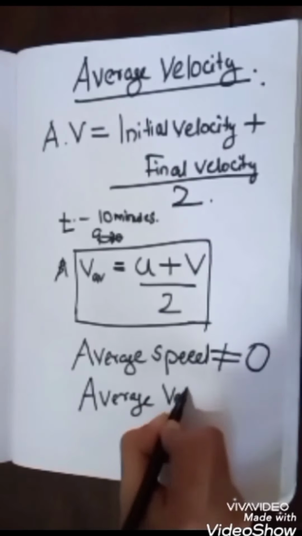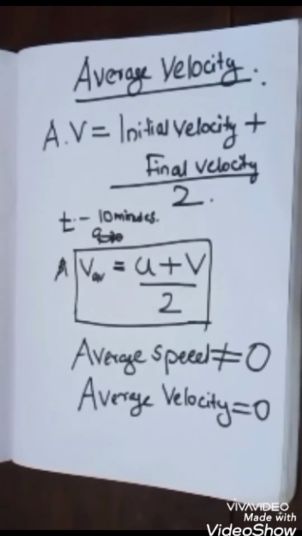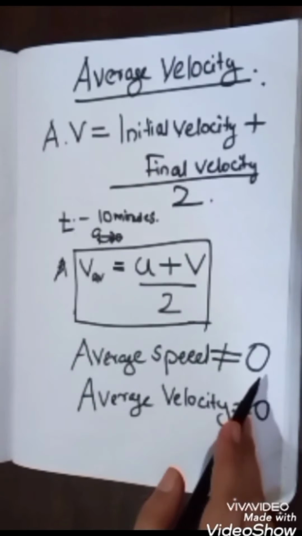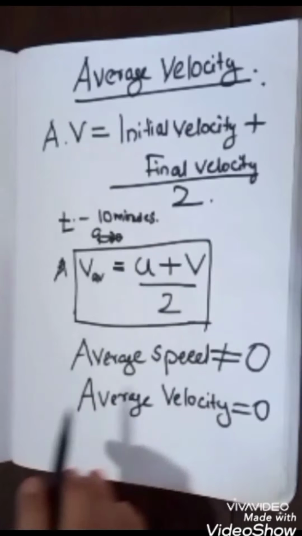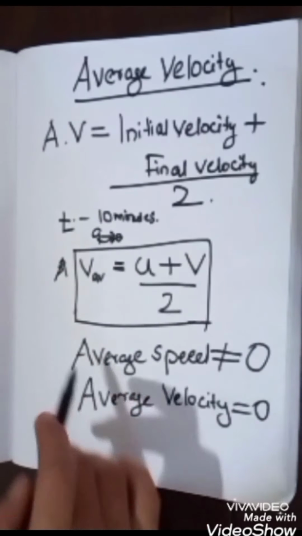We already studied that distance can never be 0, but displacement can be 0. Like that, average speed can never be 0, but average velocity can be 0. Hope you are clear on that. Then we can discuss the difference between speed and velocity.